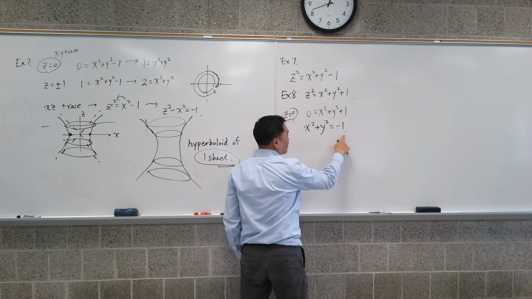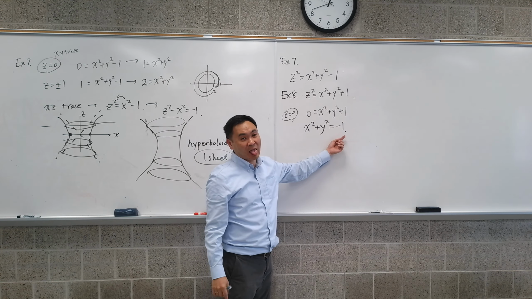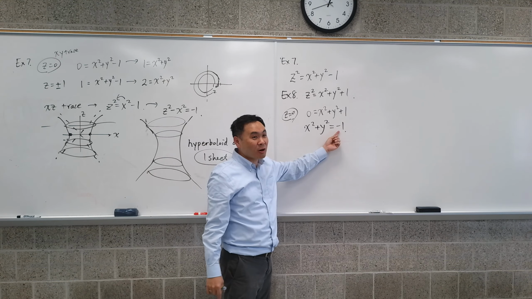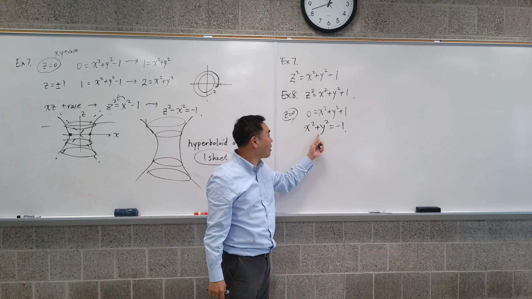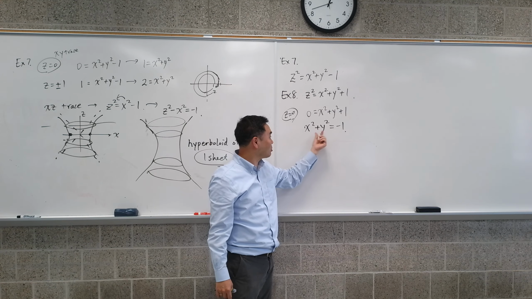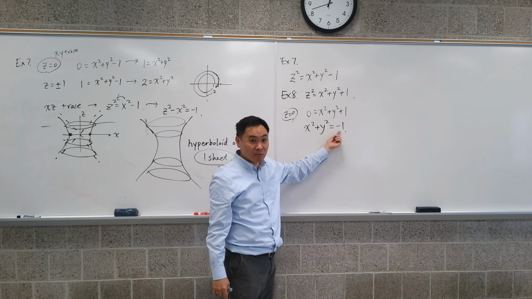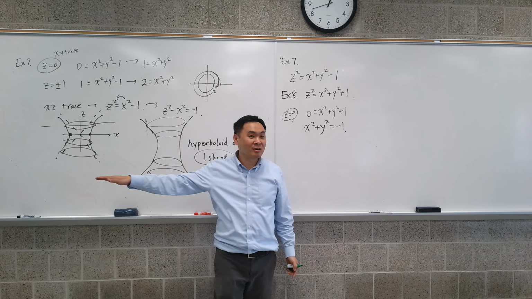Now, what kind of circle is this? Well, the square root of negative 1 is i, right? So it doesn't exist. There is no pair of real numbers that will satisfy this equation, since you can't get a negative number from squares. So at z equals 0, there's nothing.